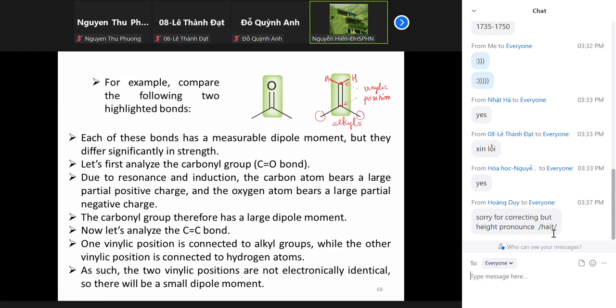C-H and C-C bonds are just covalent bonds, and here you have polar covalent. And so the two vinylic positions are not electronically identical. So there will be a very small dipole moment.